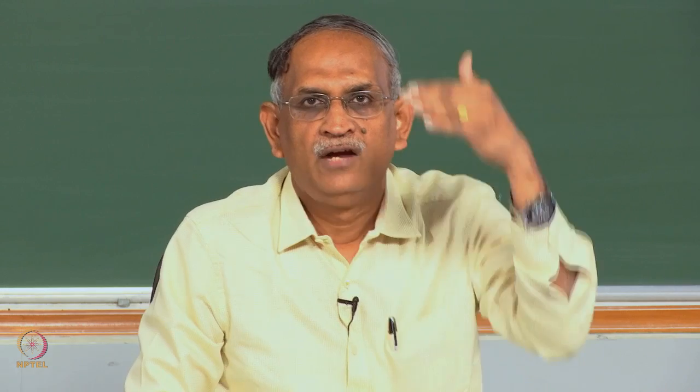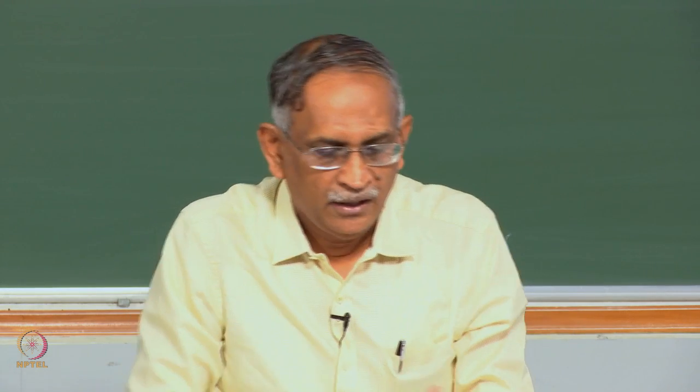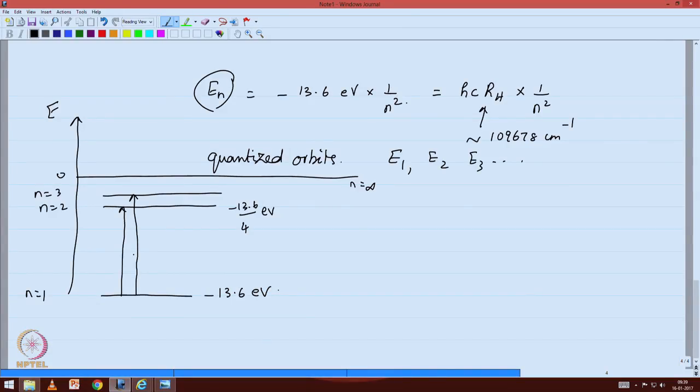From any n it can go to any other n, and everything that drops into 1 from any of these levels is a line that corresponds to a Lyman series line. Everything that drops into n equal to 2 from higher levels forms a Balmer series line, and then there are the Paschen series, Brackett series and Pfund series lines.